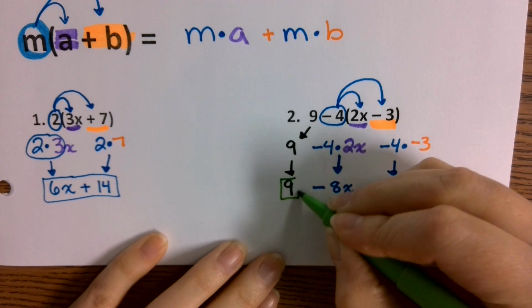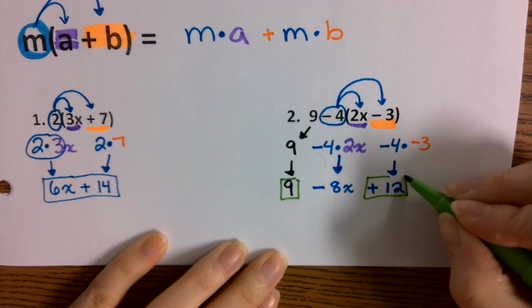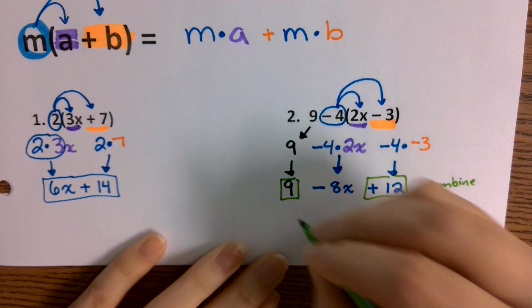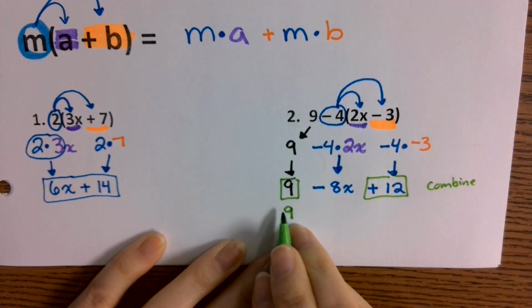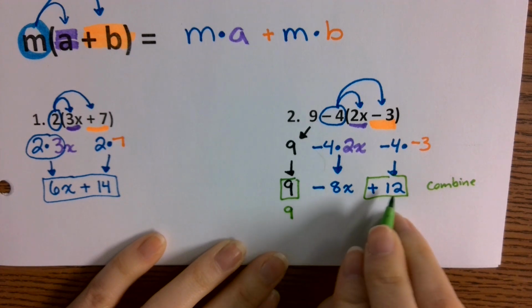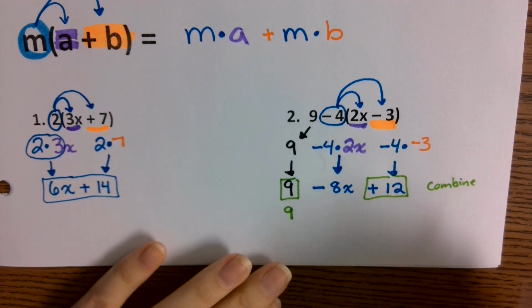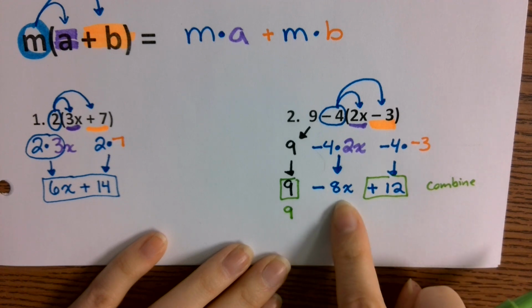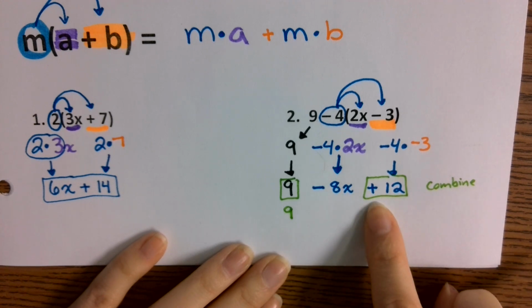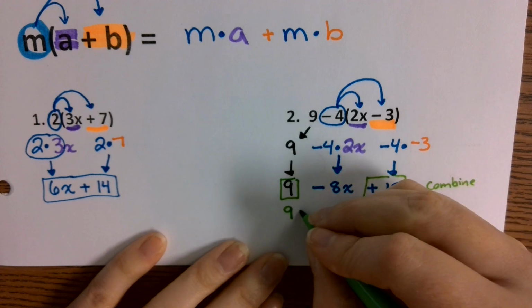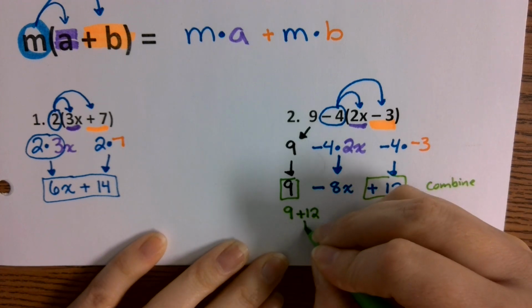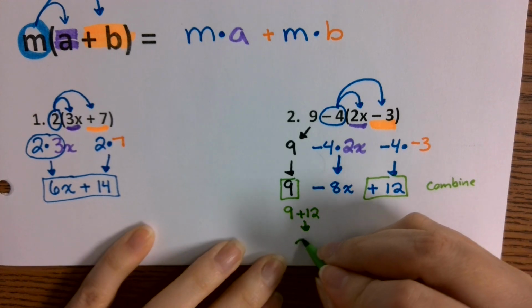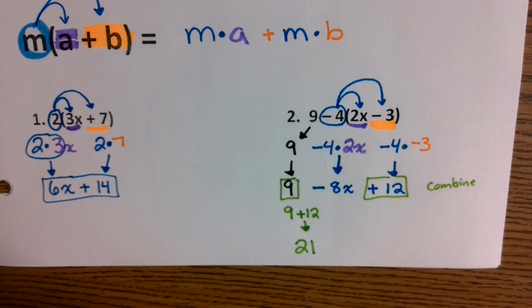I have a 9 and a 12 that I can go ahead and combine. So I'm going to do 9. Am I going to subtract or add 12? Add, right? Because it doesn't say minus 12. It says minus 8x. It says plus 12. So we're going to add the 12 with it. So 9 plus 12 becomes 21.